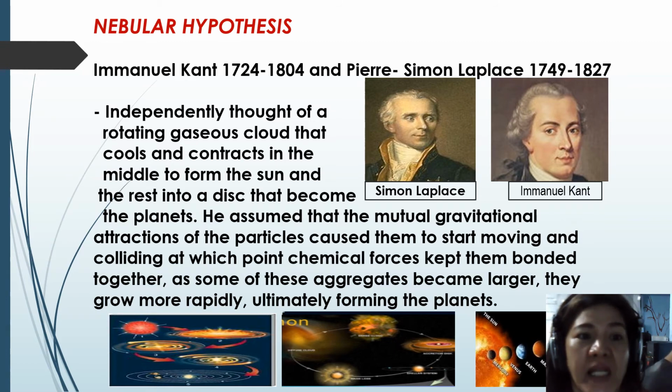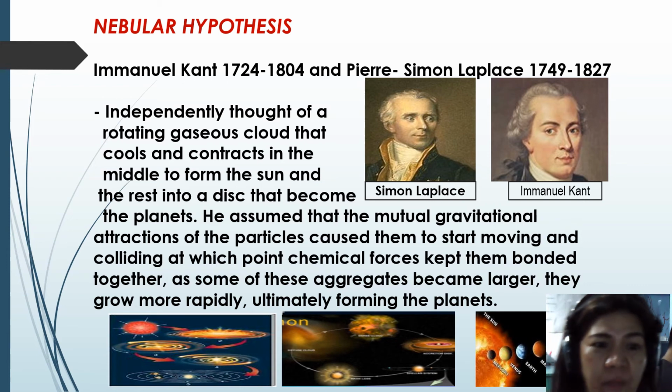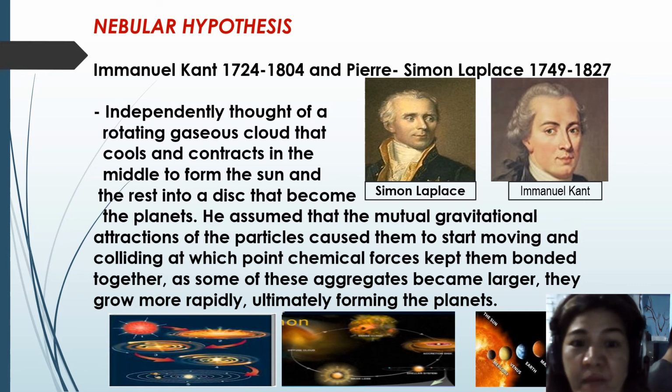They independently thought of a rotating gaseous cloud that cools and contracts in the middle to form the sun and the rest into a disk that became the planets. He assumed that the mutual gravitational attraction of the particles caused them to start moving and colliding, at which point chemical forces kept them bonded together.